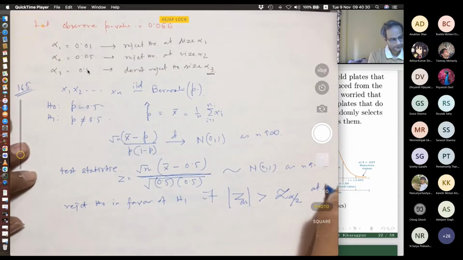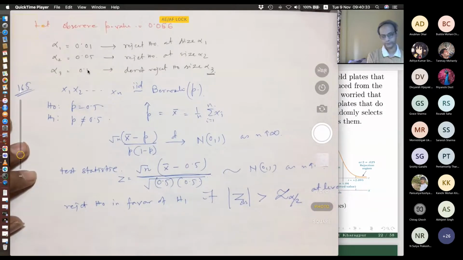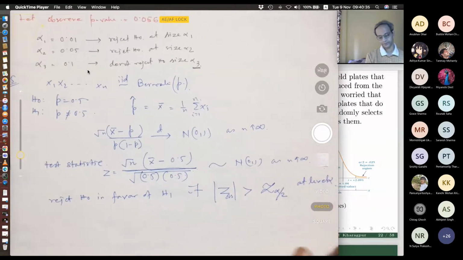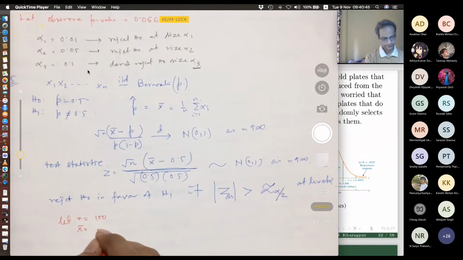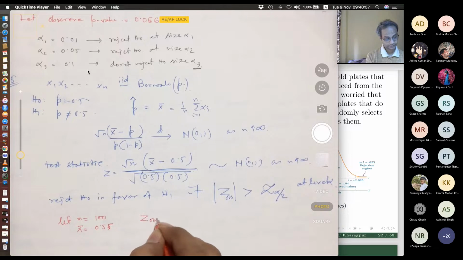at level alpha. So suppose your observed value of x bar, so let n equal to 100, x bar equal to say 0.55, and what else? That's it. Tell me what will be the z observed.